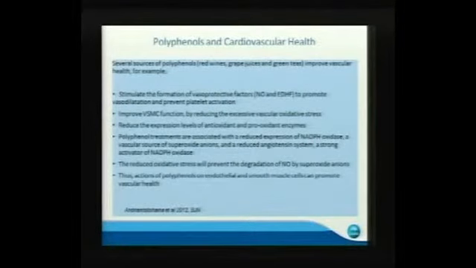They improve vascular smooth muscle cell function by reducing vascular oxidative stress and reduce the expression of pro-oxidant enzymes. Also, polyphenol treatments are associated with a reduced expression of the enzyme called NADPH oxidase. This is very important because it is a hotly pursued target currently by the pharmaceutical industry.